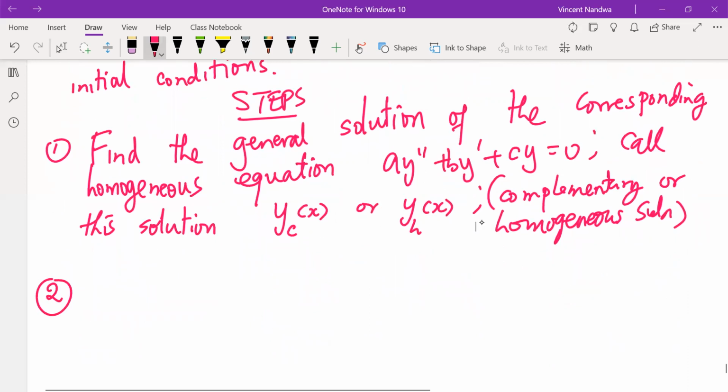Number 2, make sure that the function g of x in the equation star belongs to the class of functions of sines, cosines, exponential functions, polynomials, or sums or products of these functions.